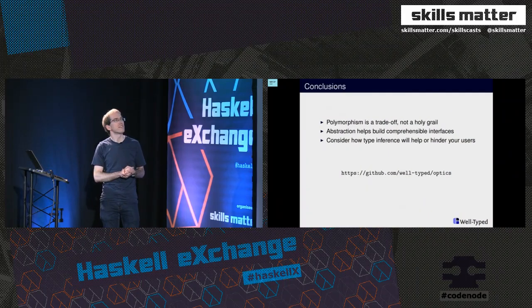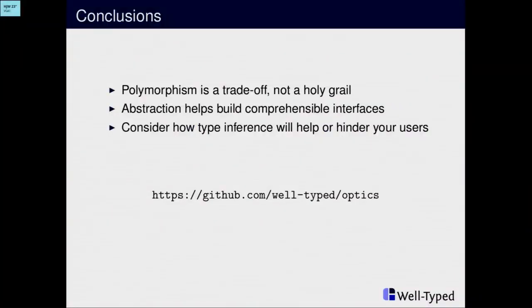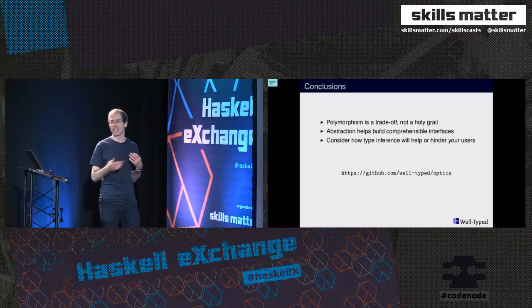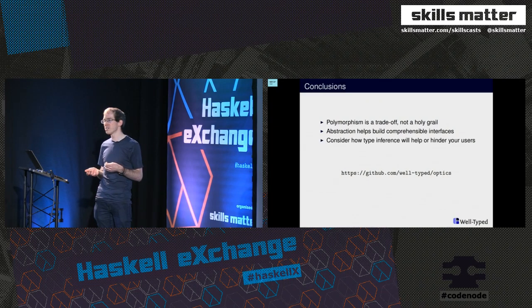So to summarize, the big takeaway I want you to get from this is that there's always a trade-off with introducing polymorphism into your libraries. And this is perhaps getting into slightly controversial territory, but there's been a notable process recently of people trying to make things as polymorphic as possible, and things like the foldable traversable proposal, introducing more and more polymorphism and making it possible to do more and more things with less and less code, which is great, but it's always a trade-off.